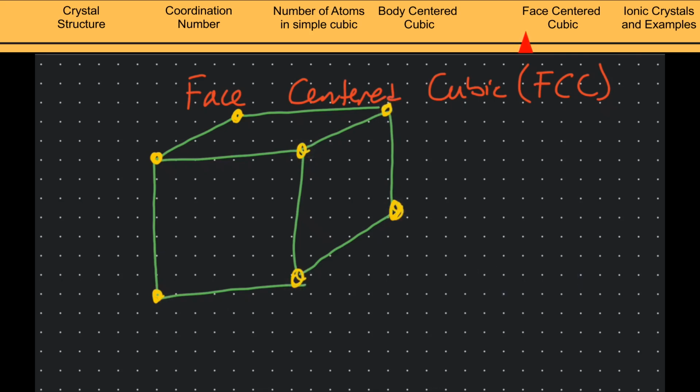And we have central atoms at the face. So this is the front view. And there are also atoms at the back. We have one corner atom here. And we have other 3 atoms on the planes.